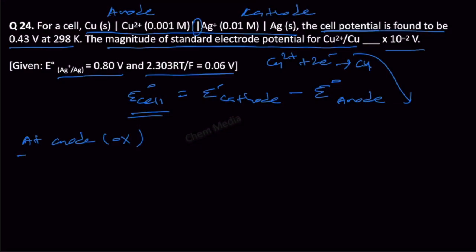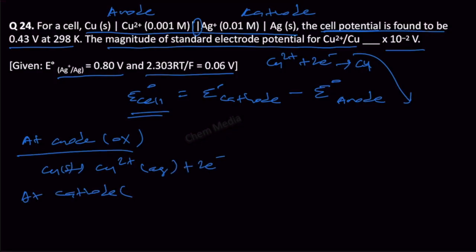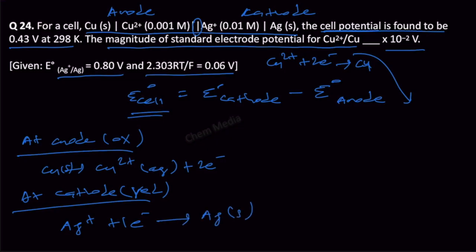So this means at the anode, copper is losing 2 electrons and becoming copper 2 plus, whereas at the cathode, reduction is going to happen. So this means Ag plus is gaining an electron and becoming Ag solid, but we have 2 electrons involved at the anode. So therefore, we have to multiply this equation by 2 so that we can balance the equation.